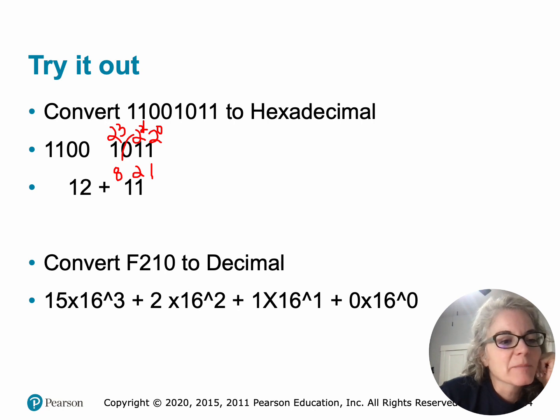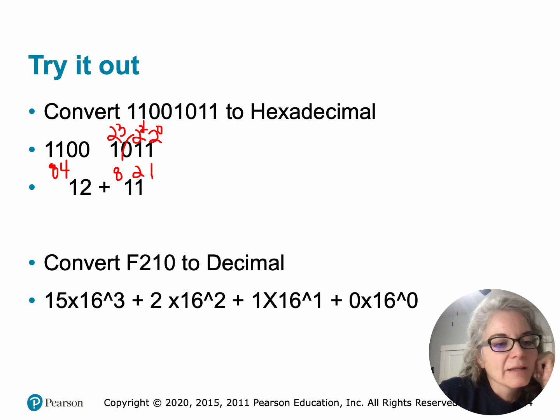I already know what these are. So this one's just going to be 8, and this one's going to be 4. I just know that by heart because I know that 2 to the second power, 2 squared, is 4, and 2 cubed is 8.